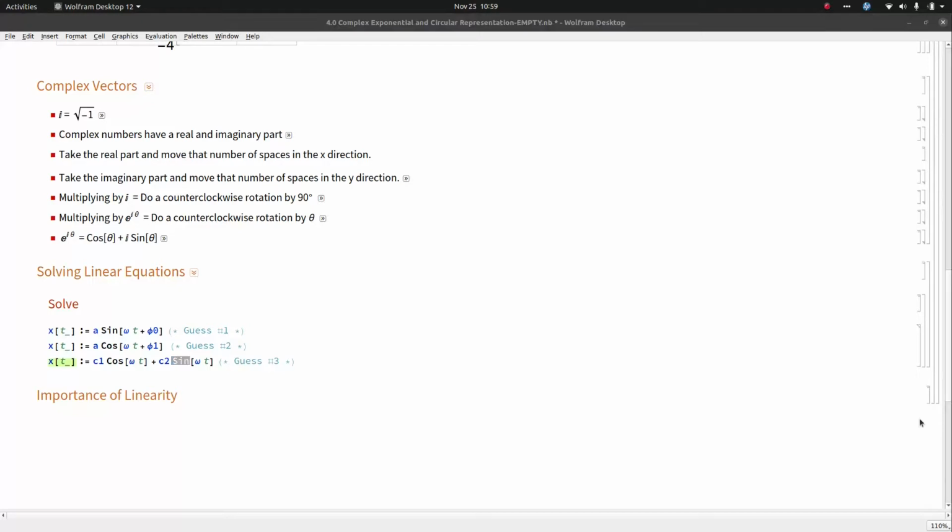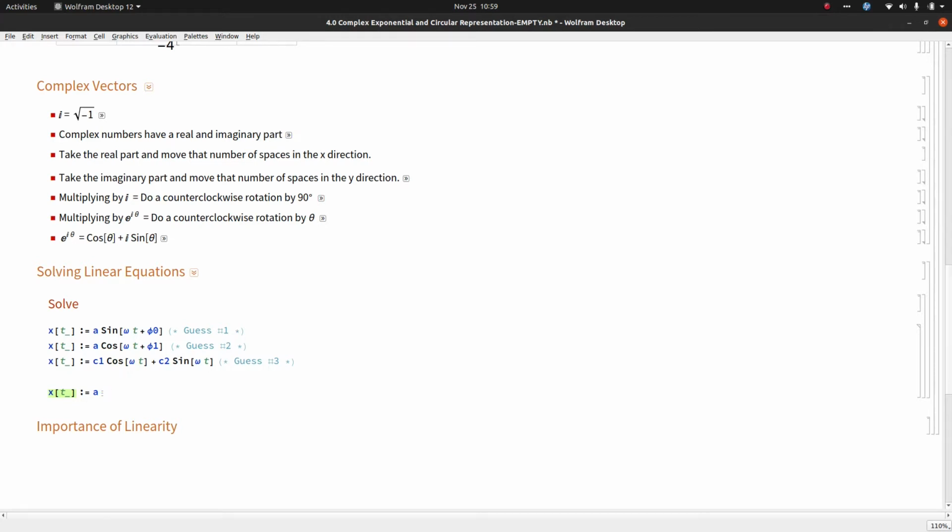And it turns out there was another way we could have written this solution. So we could have said x of t rather than writing it out in sines and cosines. Well, since e to the i theta can be written in terms of sines and cosines, we could have written the solution instead as an e to the ix.